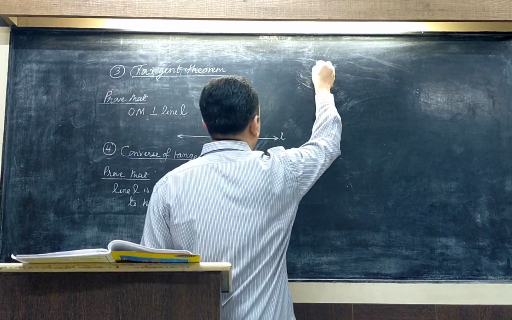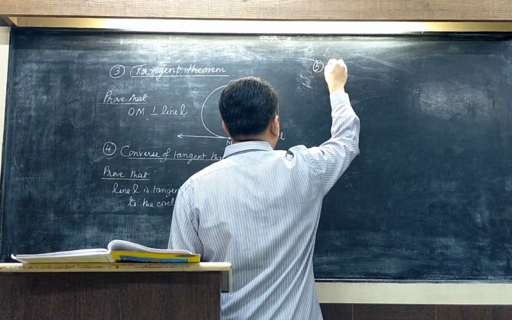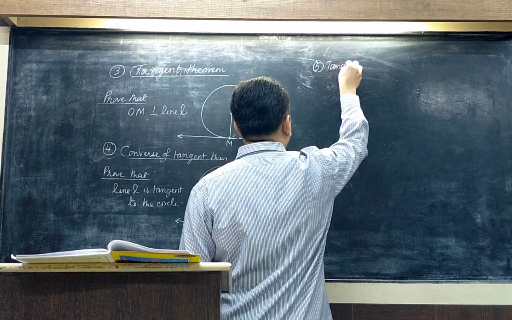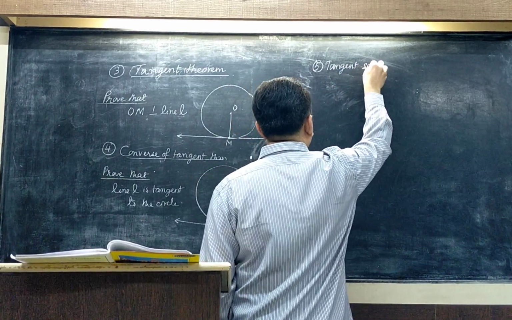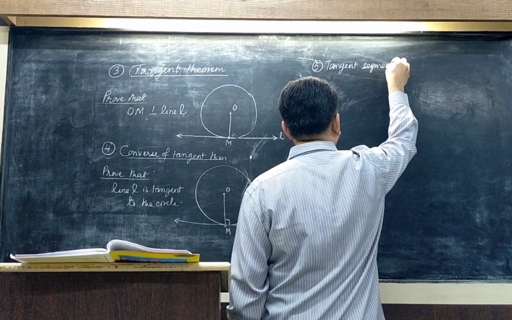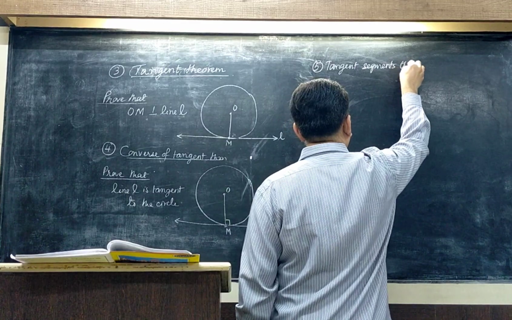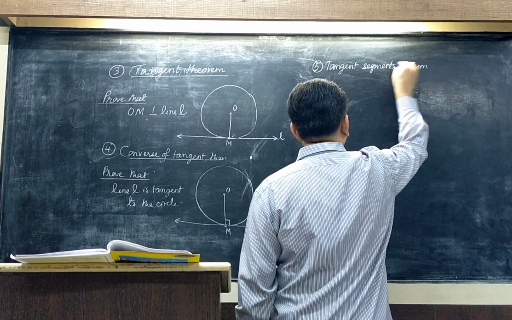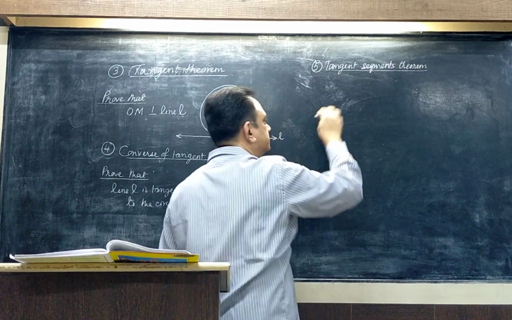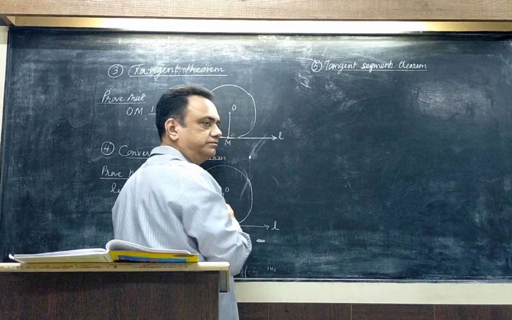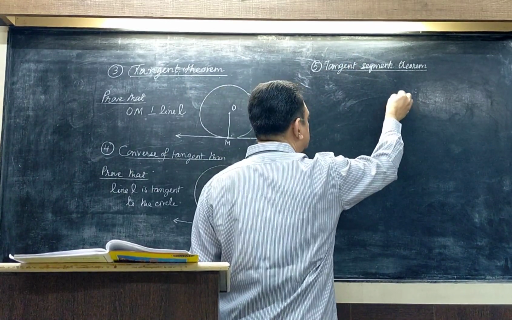Next, point number 5, I move on to now. That is the tangent segments theorem. This is a circle.